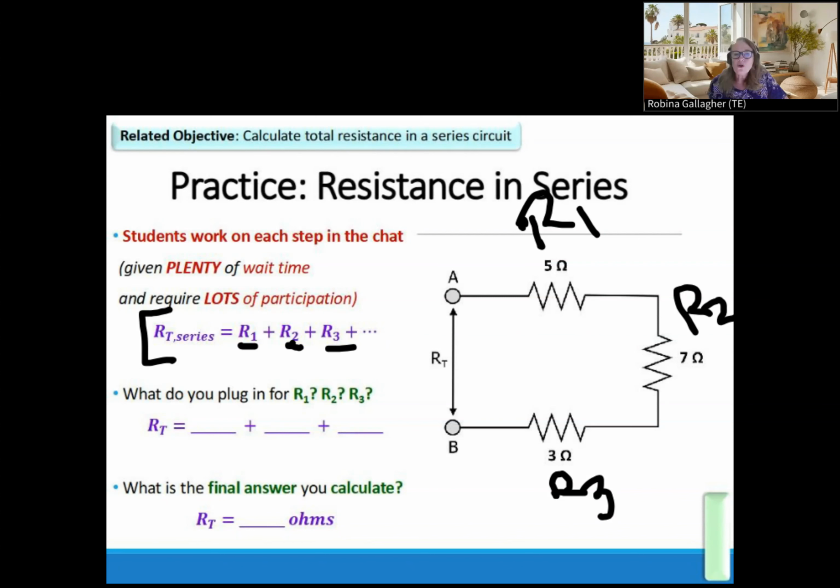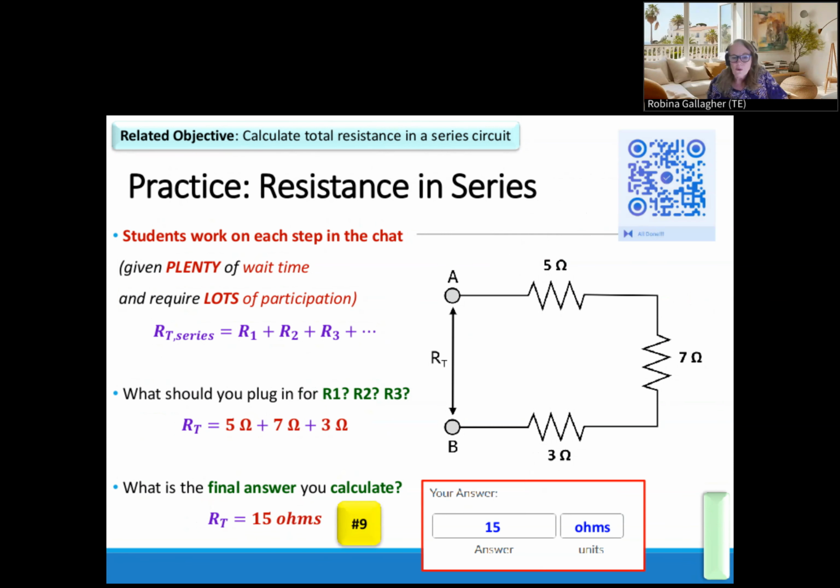So resistor 1 is 5 ohms. So 5 plus 7 plus 3. And you can see where I got these numbers from the schematic, right? So 7 plus 3 is 10, plus 5 makes 15 ohms.